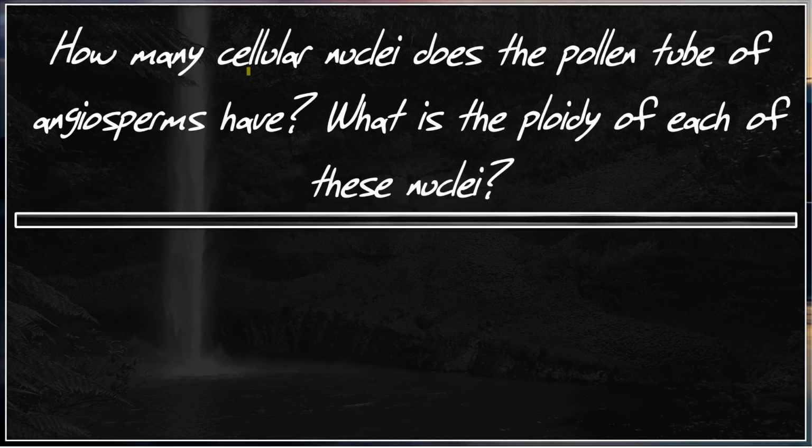How many cellular nuclei does the pollen tube of angiosperm have? What is the ploidy of each of these nuclei?